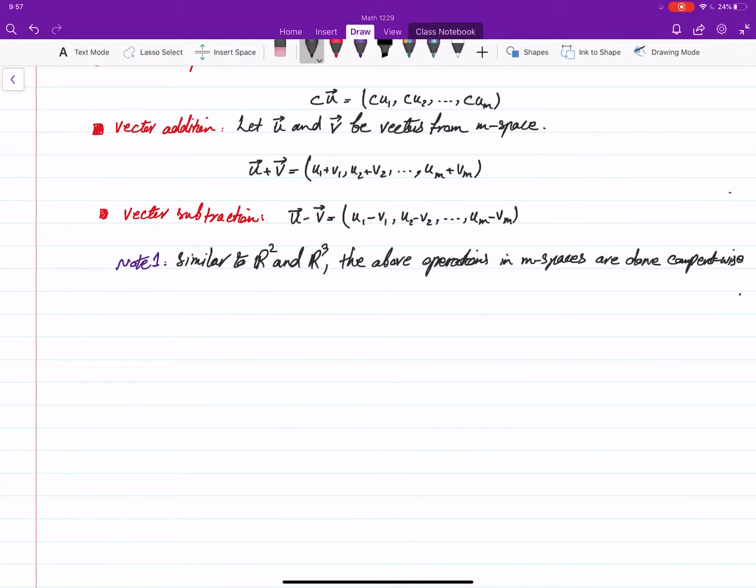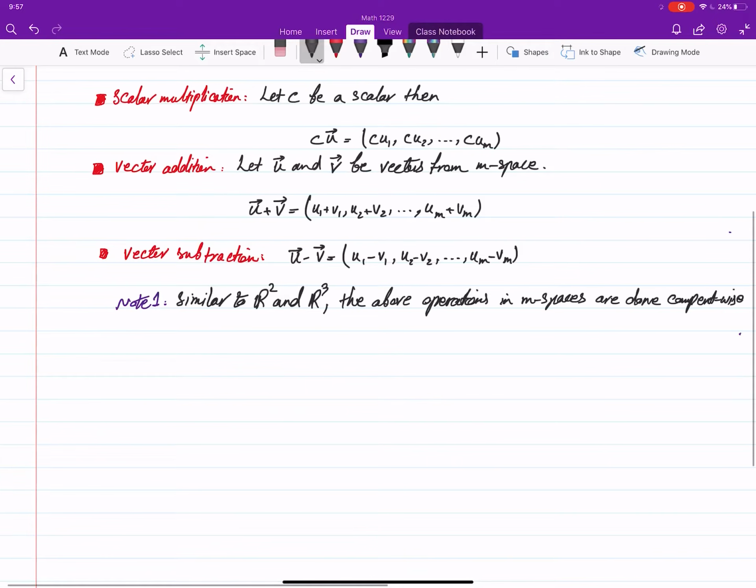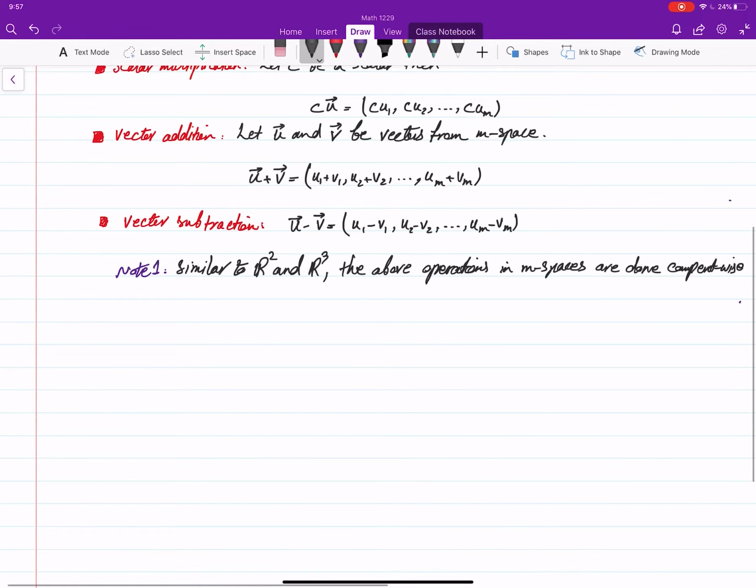So you do the scalar multiplication to all the components. Add the corresponding components. Subtract the corresponding components.